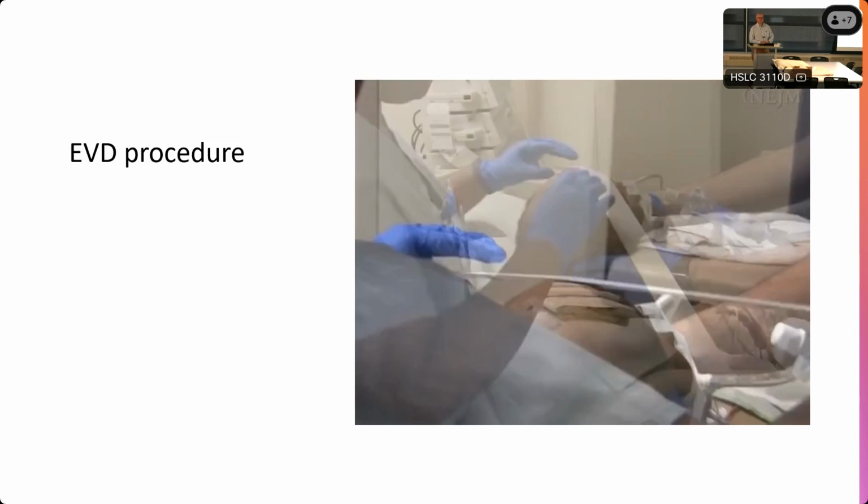Not so much exactly 11 centimeters. It's this region of the brain that we're trying to get through. And I think in the end that's probably the most important thing to learn: not memorizing numbers, but memorizing why those numbers exist, what the anatomy is, and what key anatomical landmarks are going to keep you out of trouble.